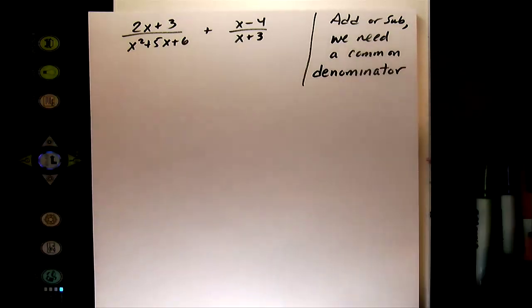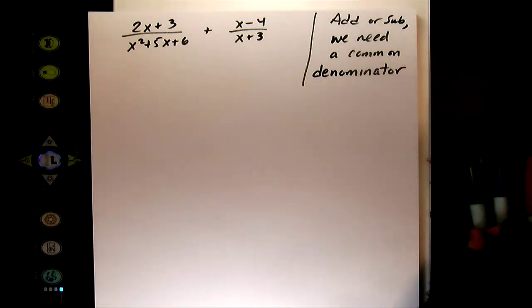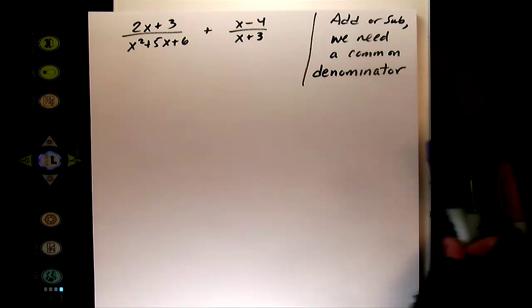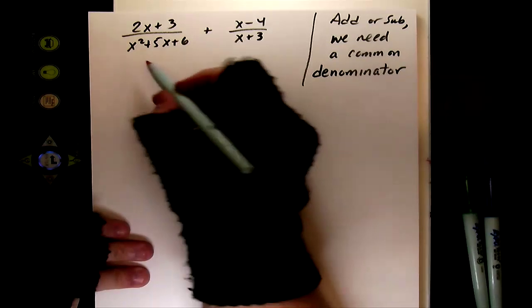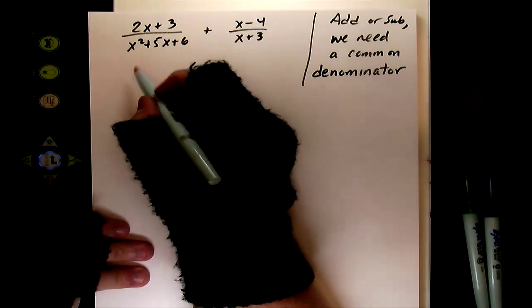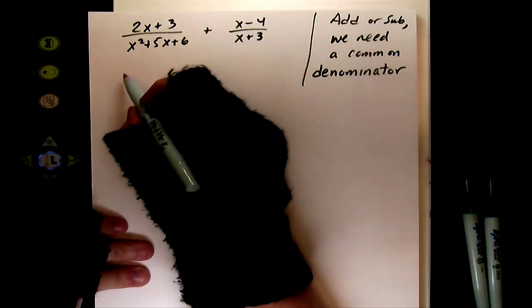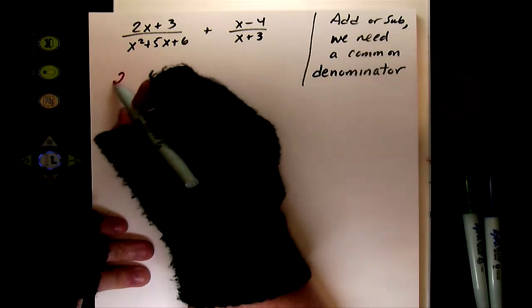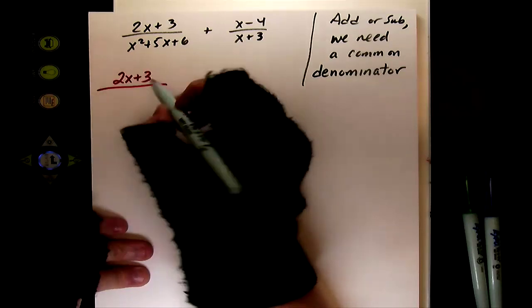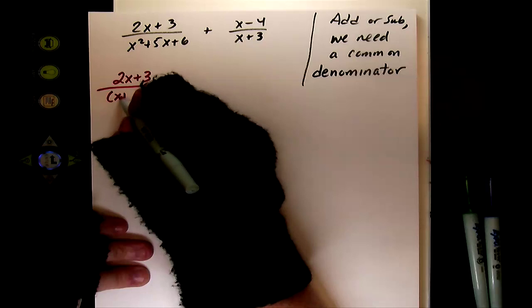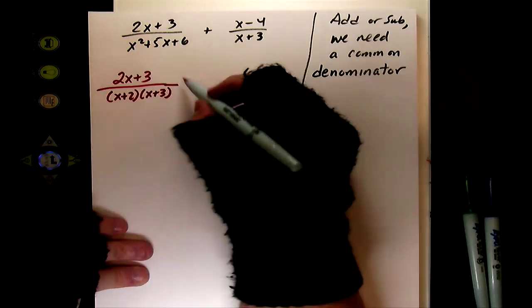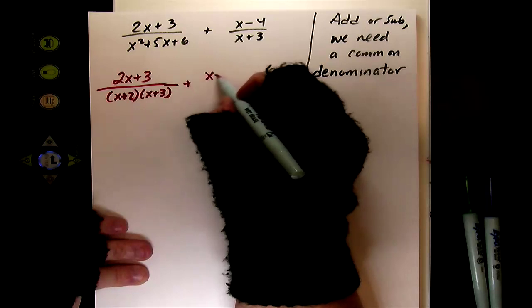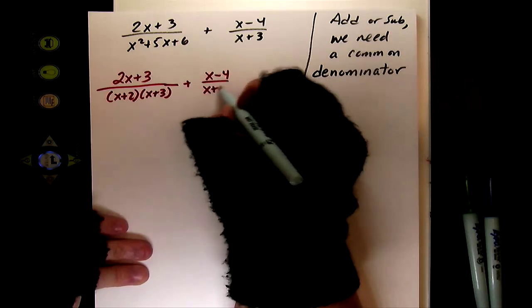And usually your best choice is to factor the denominator and see what we got. Even factor the top two, something might cancel beneficially and simplify it, but it doesn't here. So this is 2x plus 3 over x plus 2 and x plus 3, plus x minus 4 over x plus 3.